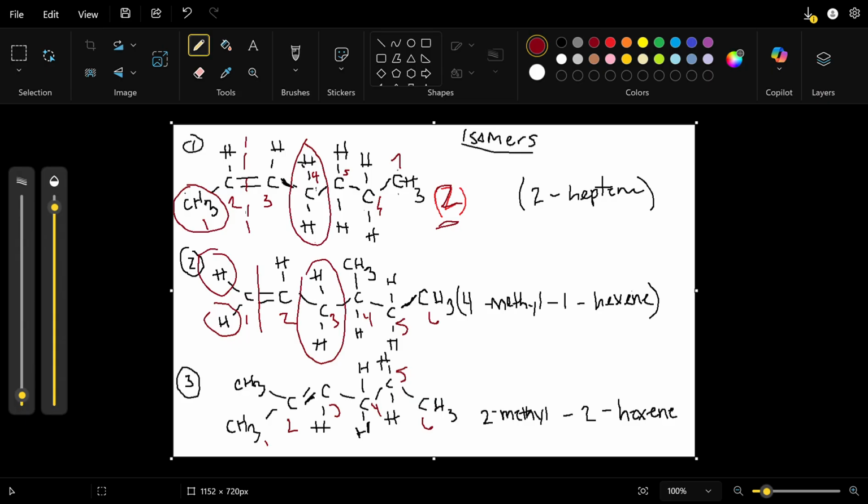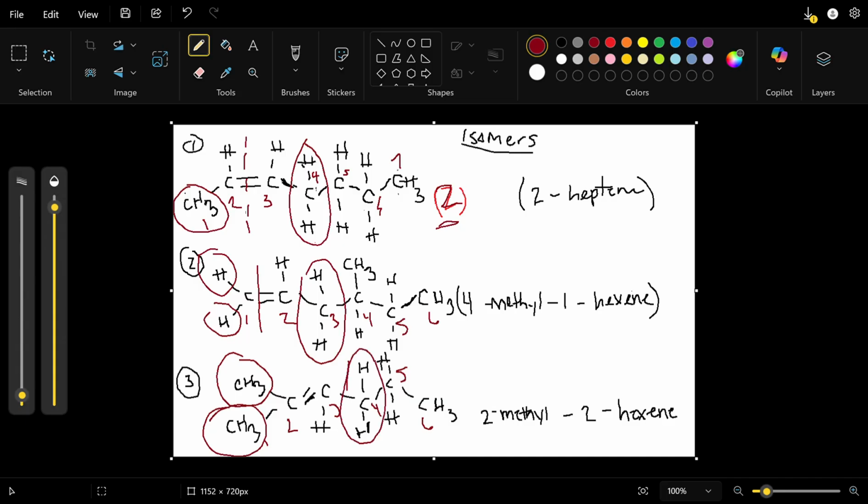If you have any questions, let me know. In this case, these two are the same, so again I can't really call it a Z or E. I don't think I can. Correct me if I'm wrong. You have the two methyls and then you have a CH group.